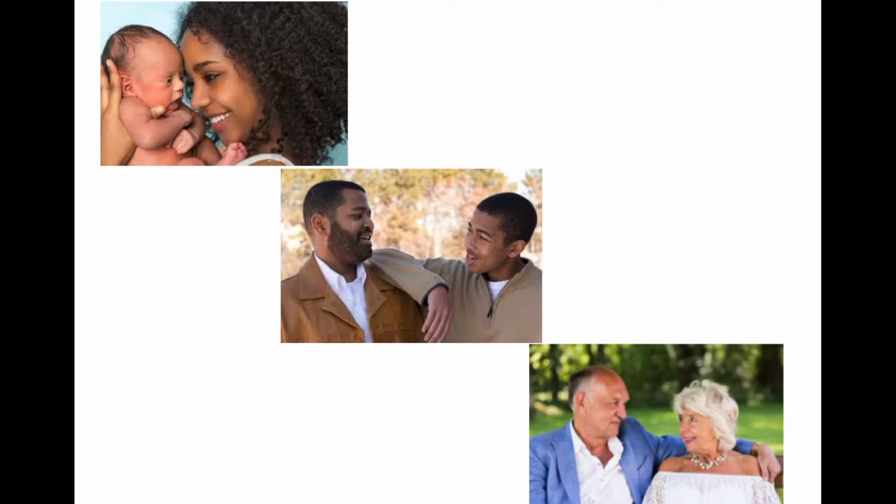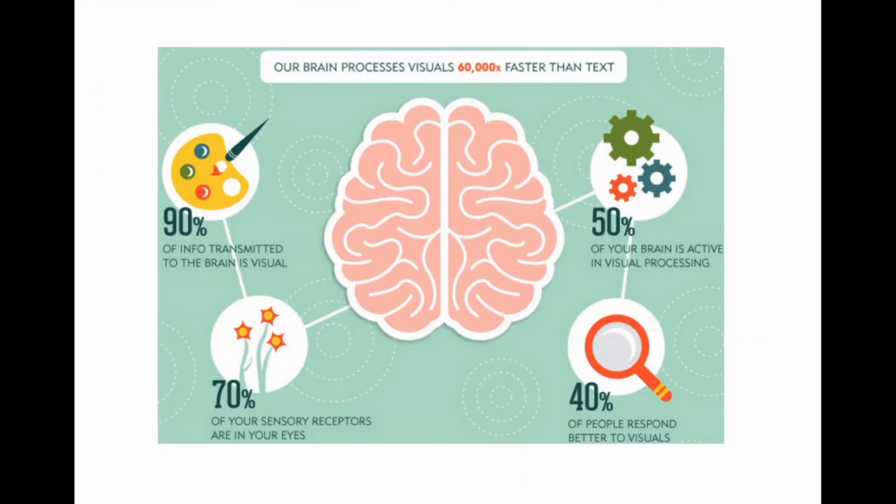Okay, throughout life, whether we are infants, young adults, or in our elder years, the human visual system is quite important throughout all stages of life. Now, humans are inherently visual. Our brain processes imagery and visuals 60,000 times faster than text, and in fact, 70% of your sensory reception reside in your eyes, and 90% of all the information transmitted to the brain is visual.